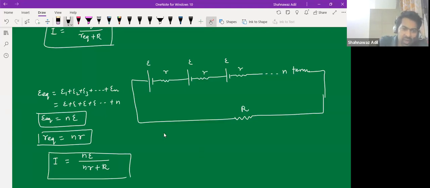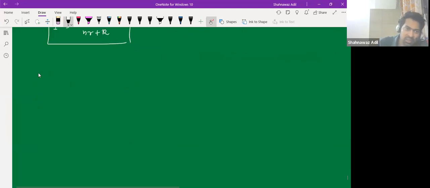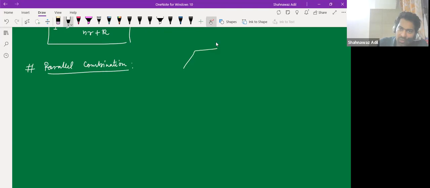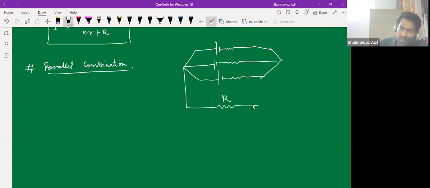And then you have the parallel combination. In parallel combination, the EMFs are joined like this, and this is connected to the resistance.